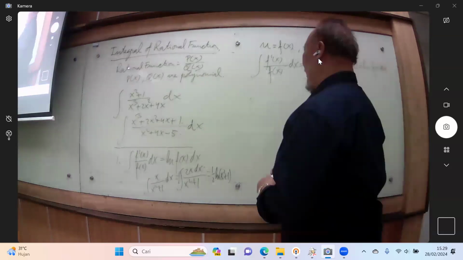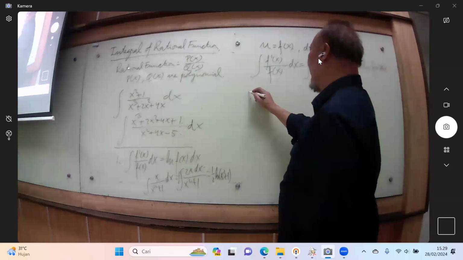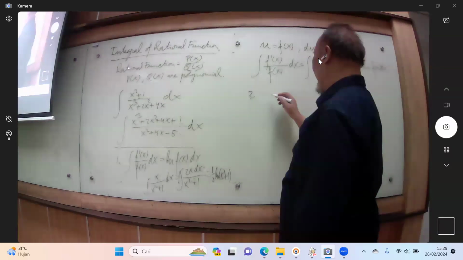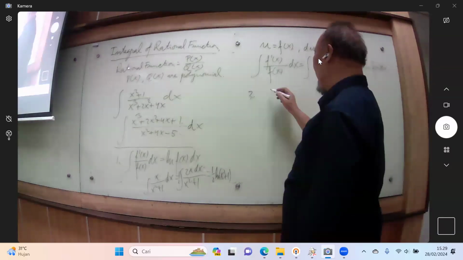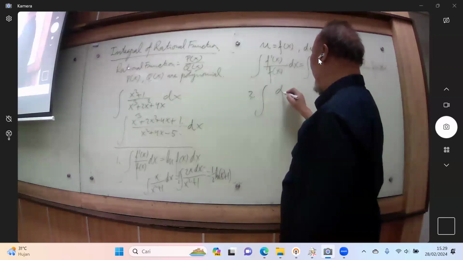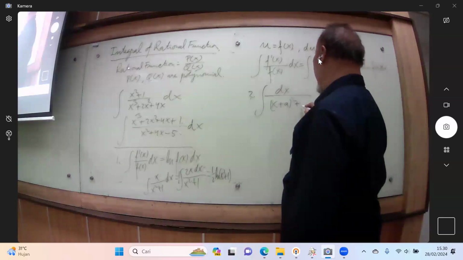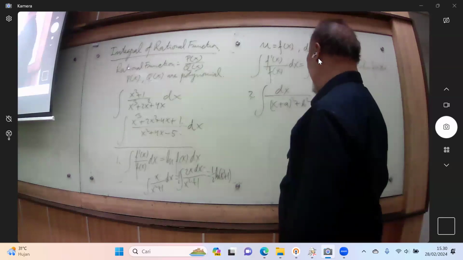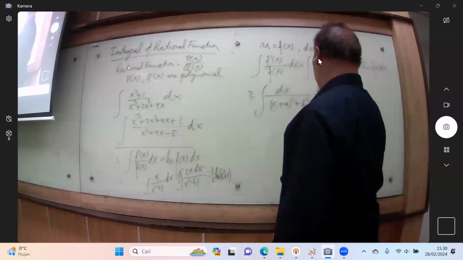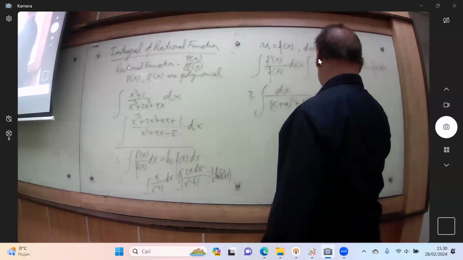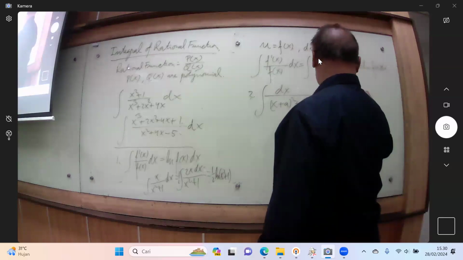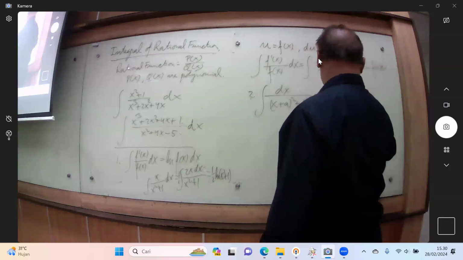Another formula, which I think I've mentioned before: if we have the integral of dx divided by (x plus a) squared plus b squared, then it becomes 1 divided by b times arctangent of (x plus a) divided by b.